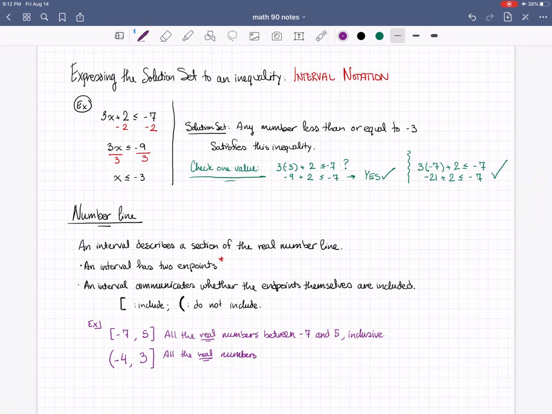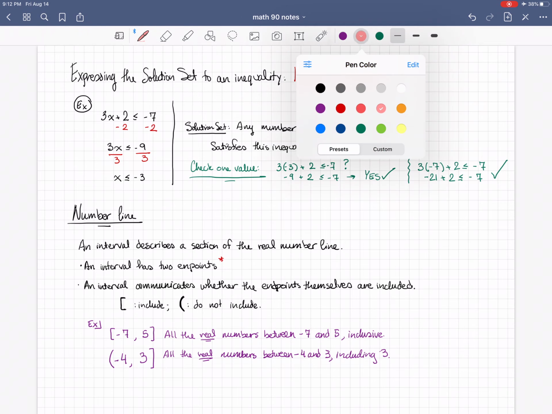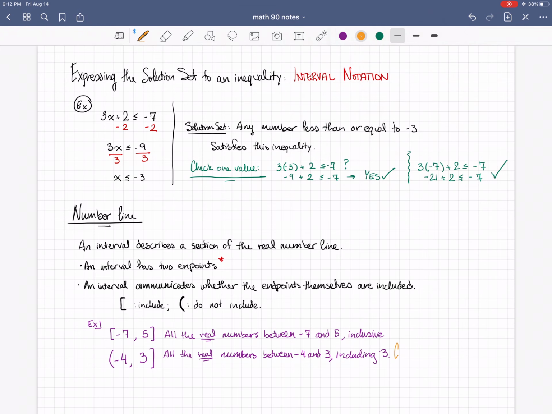All the real numbers between -4 and 3, including the 3, but not the -4. Okay? So what I'd like to sort of point out here as maybe a bit of a cautionary moment. So caution.